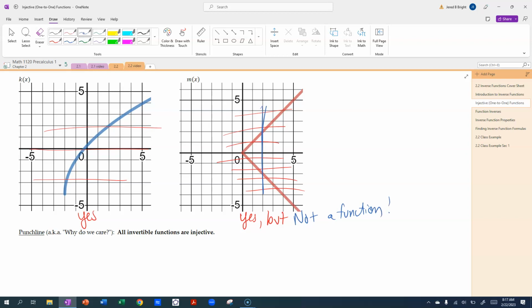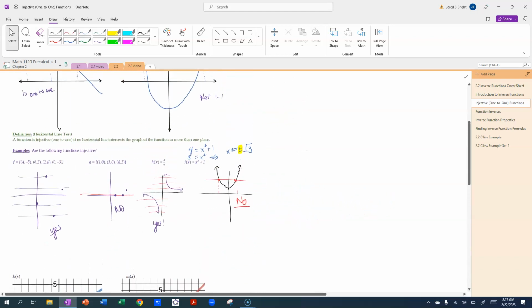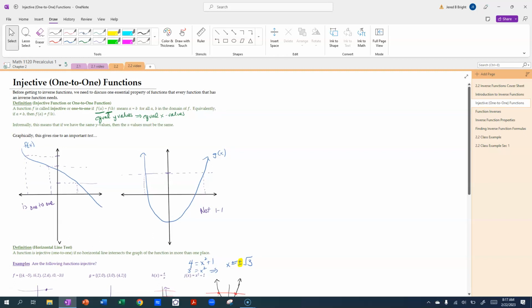So all this said, what do we take away? We have the one-to-one property, or the property of injectivity. It'll have this property if at a single y value we have one and only one x value for that y value.